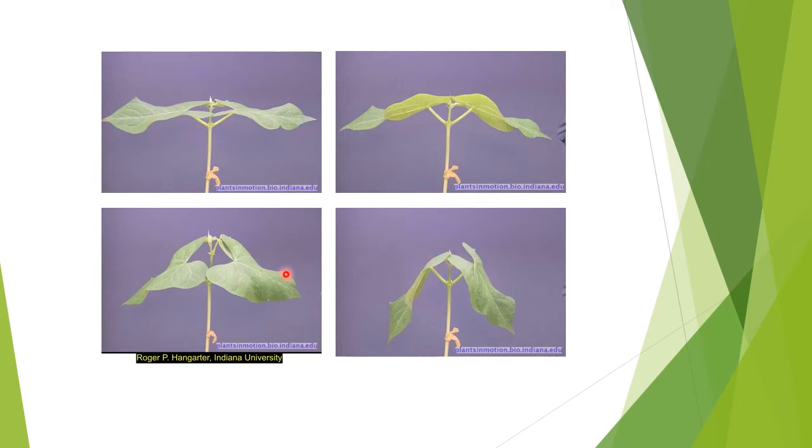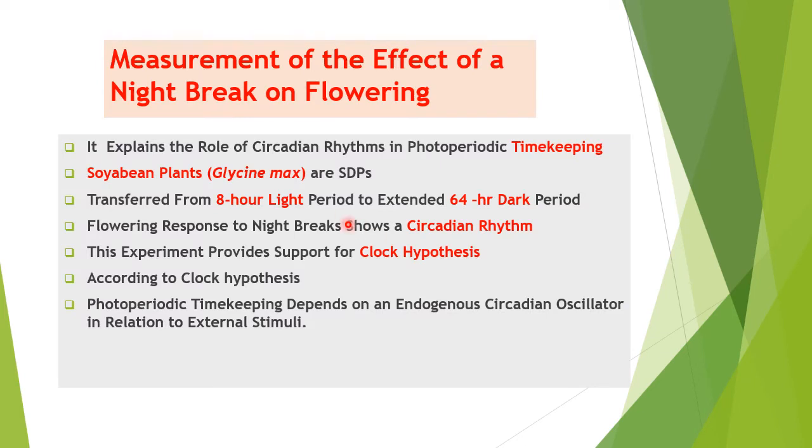They are showing the rhythms. So that means if this is under 12-hour light, 12-hour dark, and then you keep them in continuous light, it shows a rhythm. That means it's endogenous in nature.